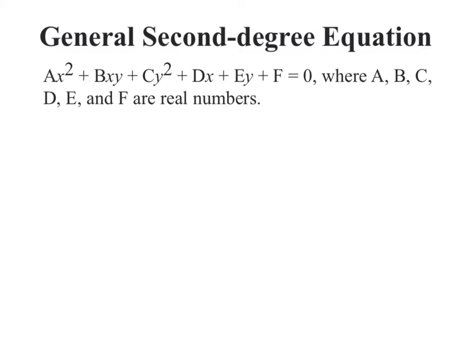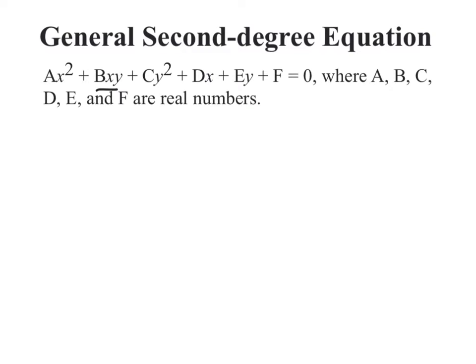Now, we will not focus on anything dealing with the xy part. Our study of conic sections will be limited to where B equals 0, and then the other combinations will lead us to one of the conic sections we talked about earlier.